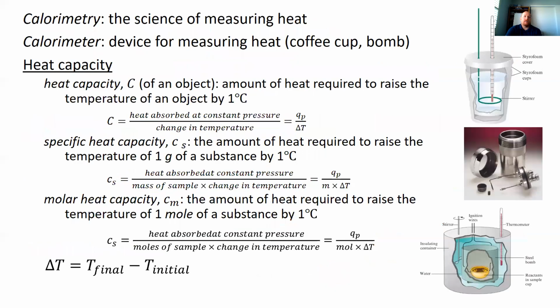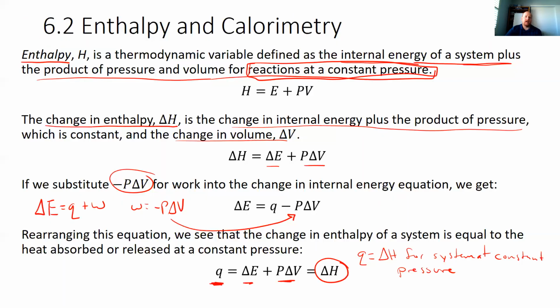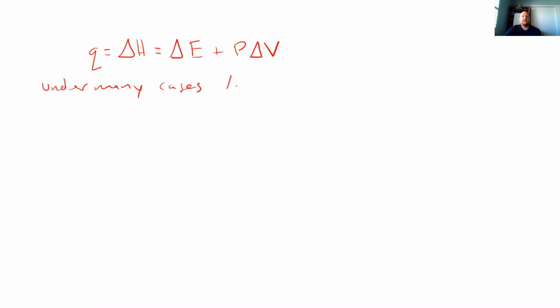Now, there is another thing that I want to add to this. Something else I want to add is our understanding, based on Q being equal to delta H, which is equal to delta E plus P delta V, that in many cases the enthalpy change of a system will be equal to the energy change of a system.